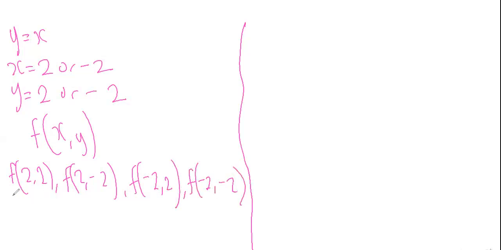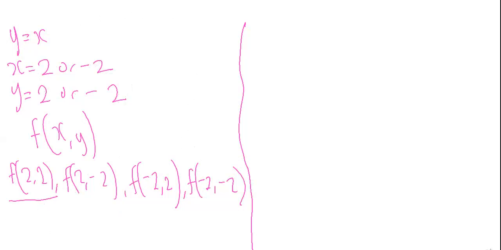What that means: the first one is when x is equal to 2 and y is equal to 2. The second one is when x is equal to 2 and y is equal to minus 2. The third one is when x is equal to minus 2 and y is equal to 2. And the fourth one is when x is equal to minus 2 and y is equal to minus 2.